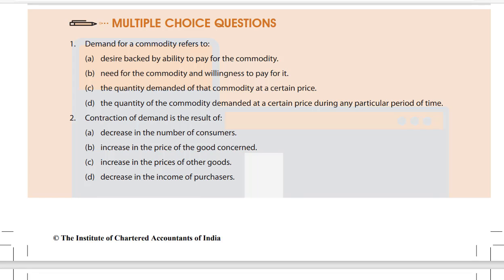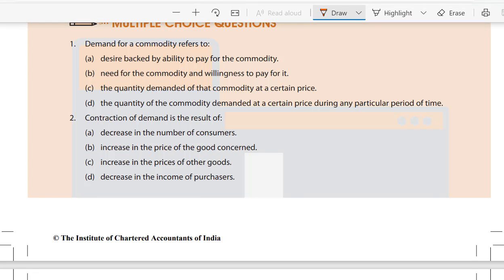First MCQ. Demand for a commodity refers to A. Desire backed by ability to pay for the commodity. B. Need for the commodity and willingness to pay for it. C. The quantity demanded for the commodity at a certain price.